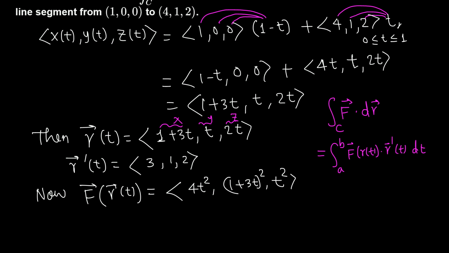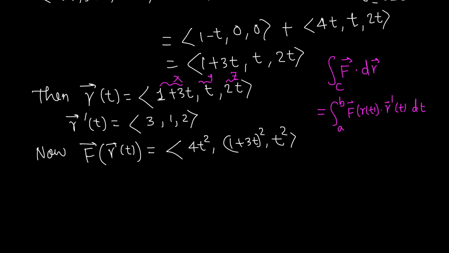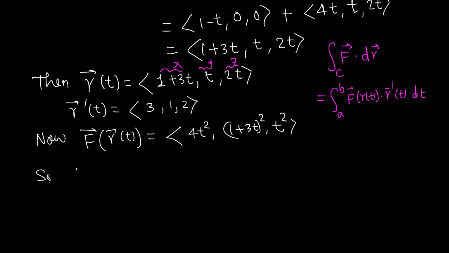Next, to evaluate this line integral, we need to find the dot product of this r prime of t with this, so F of r(t) dot r prime of t, the dot product of these two vectors.